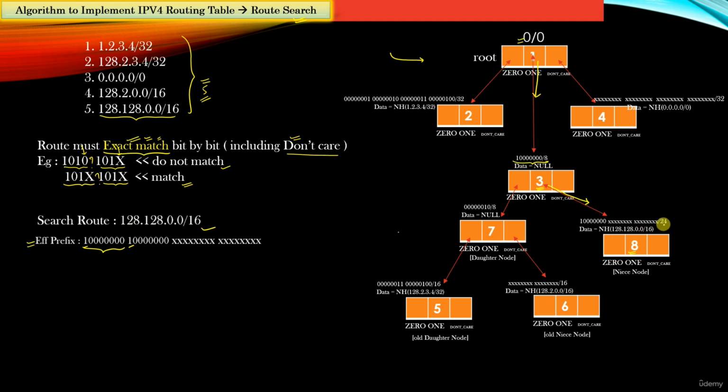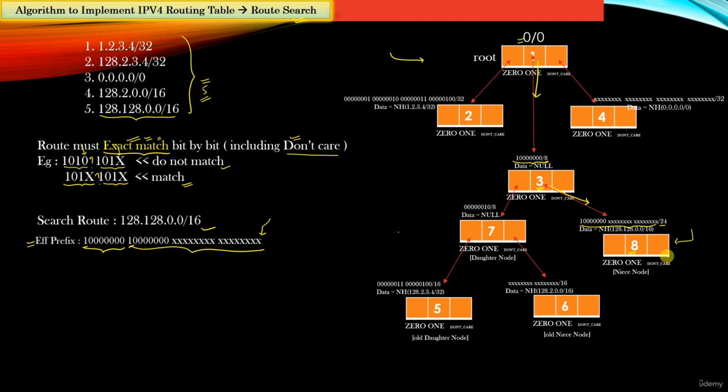The node number 8 has a prefix length of 24, so I am going to compare the next 24 bits of the effective prefix of the input route with the 24 bits of the effective prefix of the node 8, and I see they exactly match. Alright, and my entire 32 bits of the input effective prefix has been exhausted, so I will stop my search here.